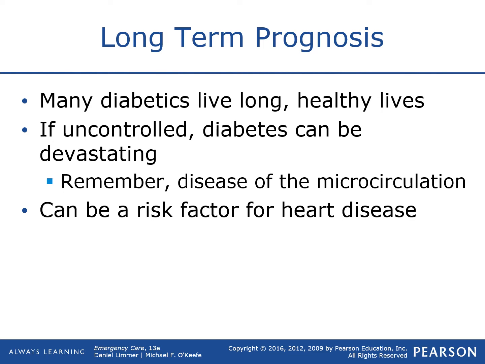And also, if we have excess glucose floating around our vasculature, it gets into our coronary circulation, which it should be to perfuse our heart and to get the glucose into the cells of our heart. But if we have a high level of it, it will cause our circulation in our heart to not be as good.